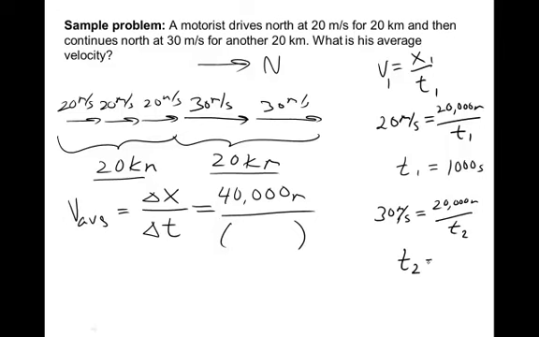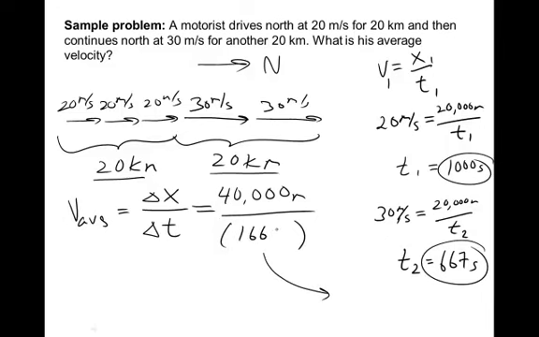for the other time, gives us about 667 seconds. So this is our total time here, which we'll have to add the 1,000 to the 667 seconds. So 1,667 seconds. And that gives us an average velocity of 24 meters per second.